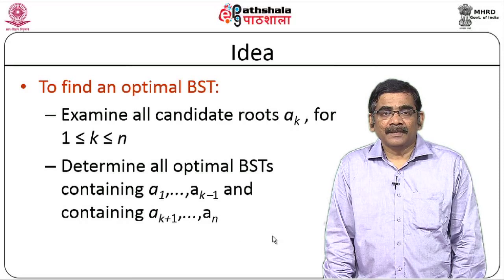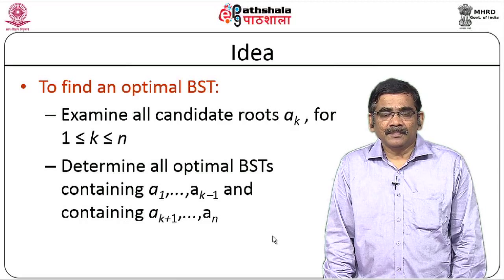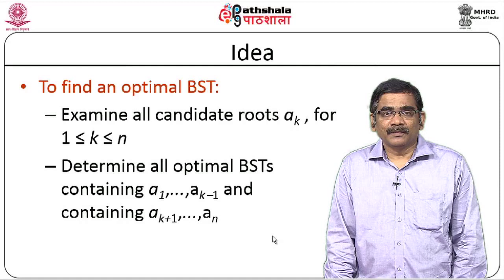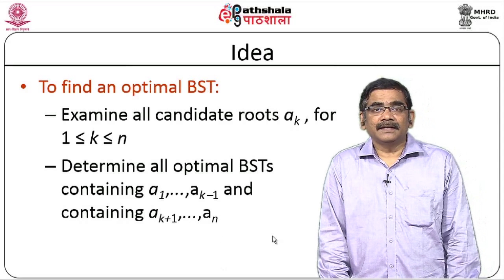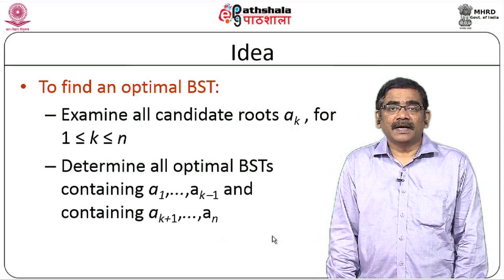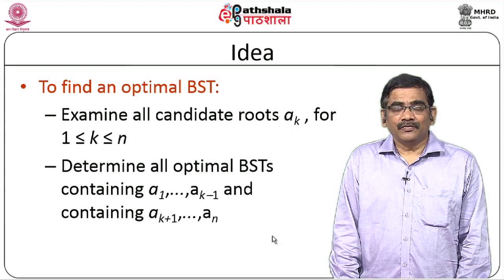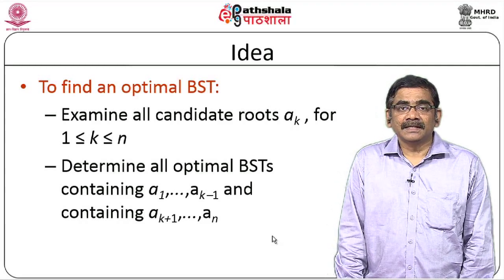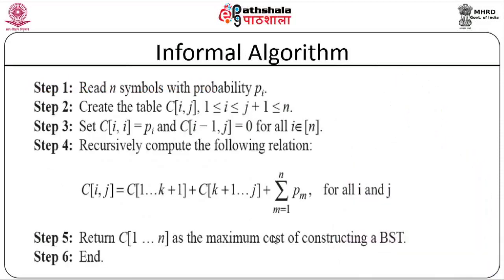Now we have two subproblems, which can further be divided into two subproblems each. In that manner, we get a number of subproblems from the original problem, and incidentally all these subproblems are overlapping in nature. Therefore, we can conclude that dynamic programming is apt for this. So, this is the informal algorithm.